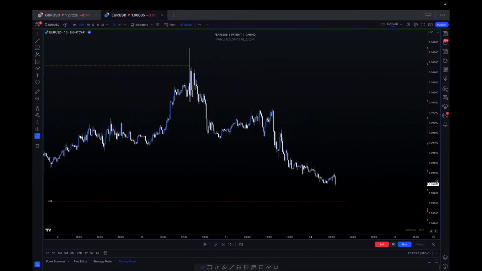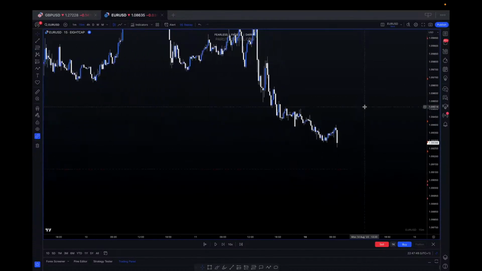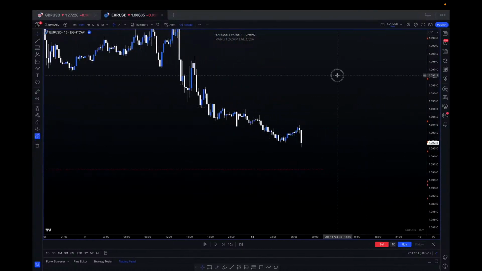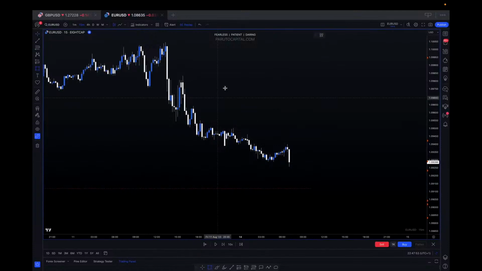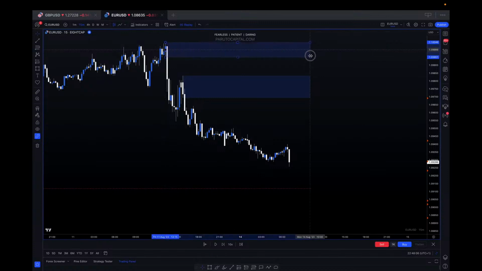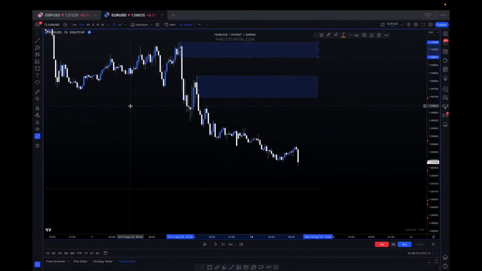Let me zoom in so we can see really clearly. We have a few areas price can react to. We have this one here; price can return to this area and react to it. We also have this, an area with liquidity for price to tap into.